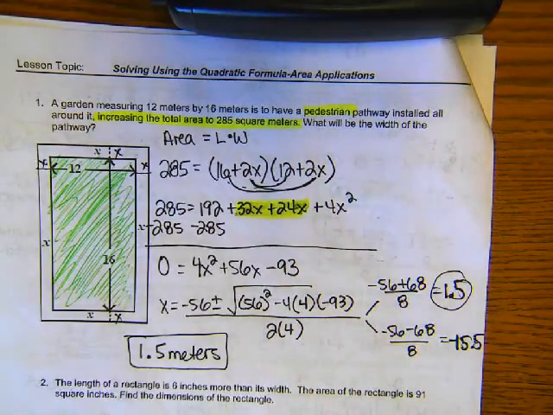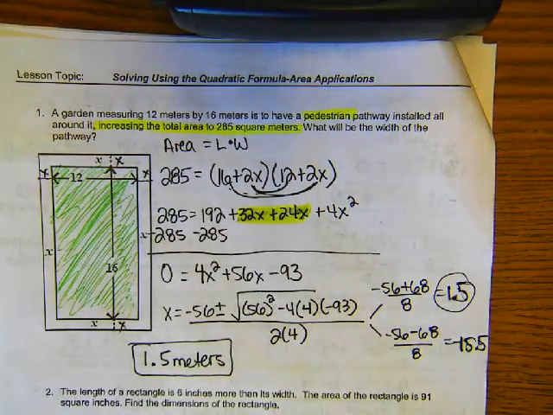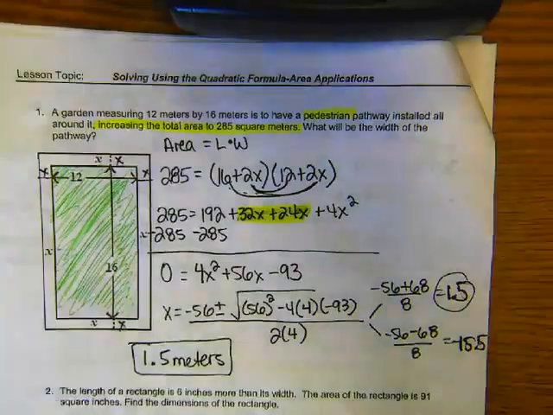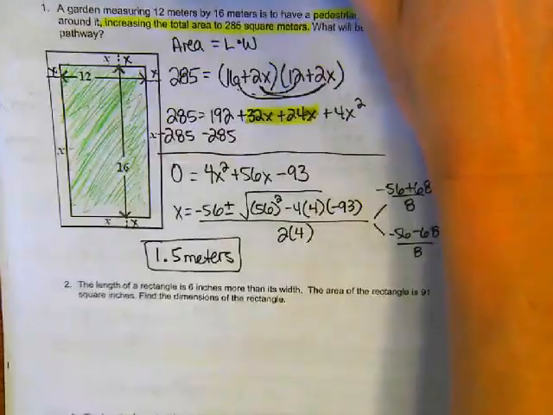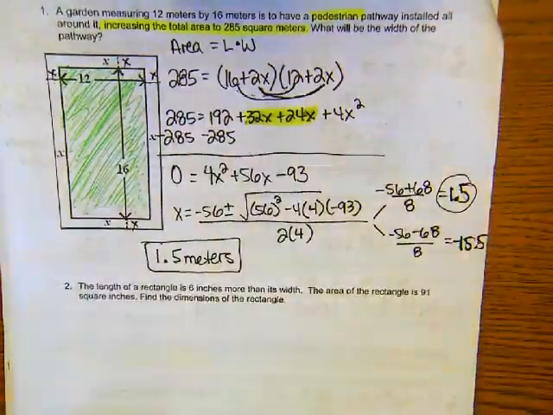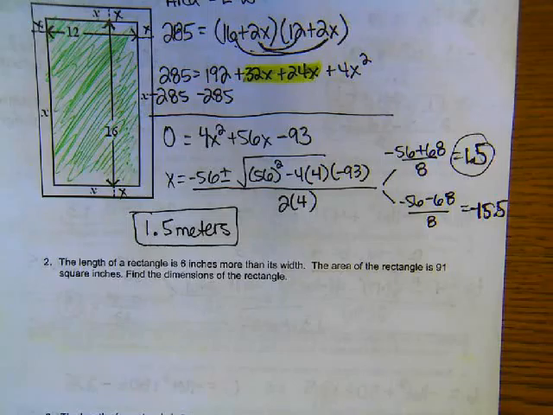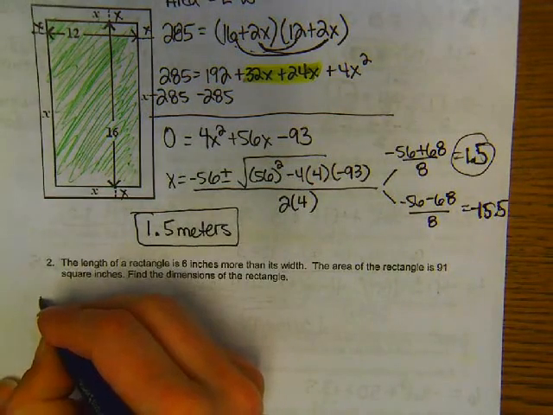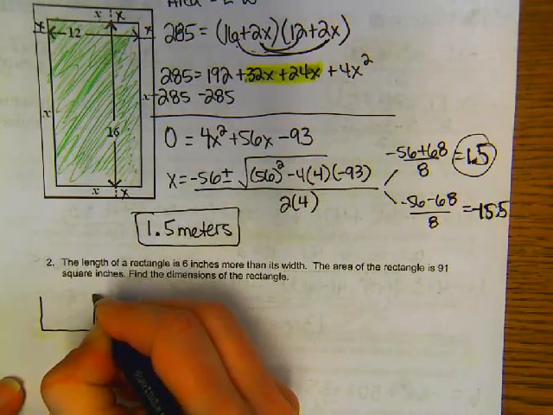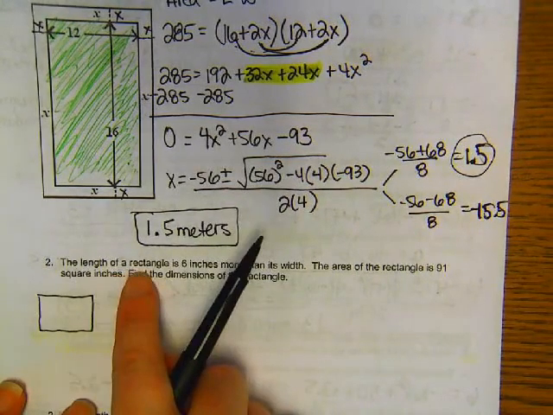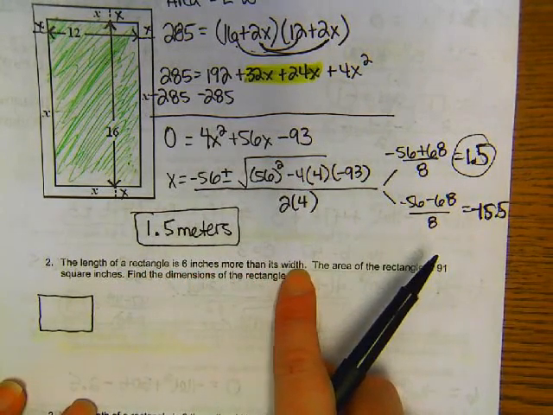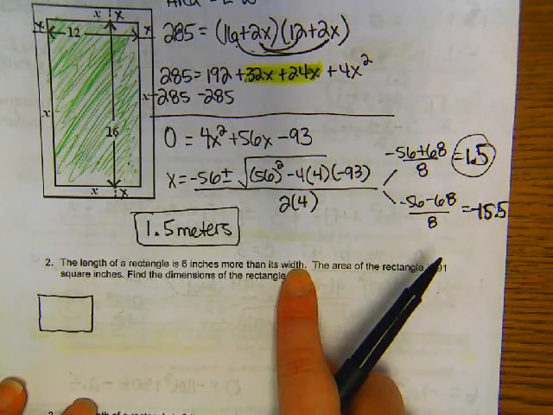Let's do one more. So this one, there's not a nice pretty picture for, but we can draw a picture if you want. It says the length of a rectangle is 6 more inches than its width.